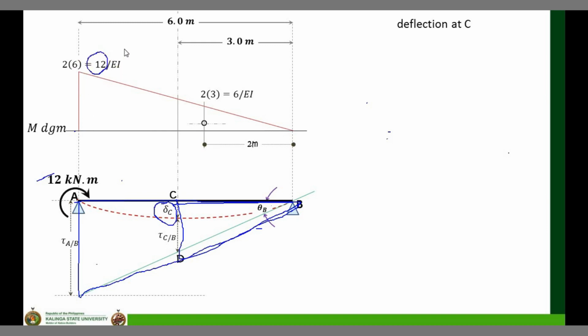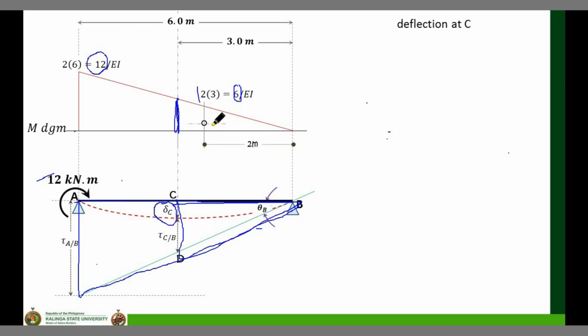I put EI under it because we are dealing with deflections and slopes. Same with this one, this 6 over EI is the height of this smaller triangle. Okay?